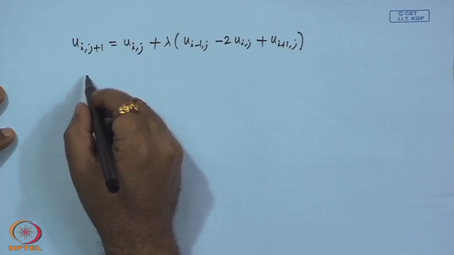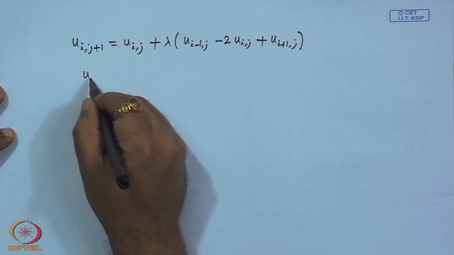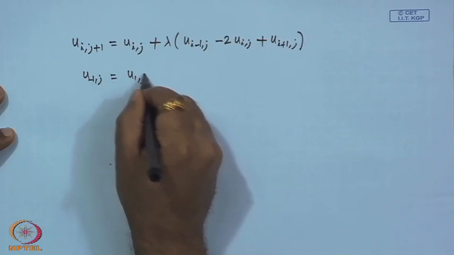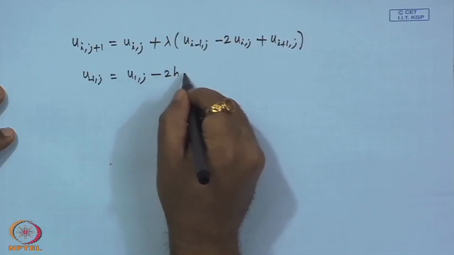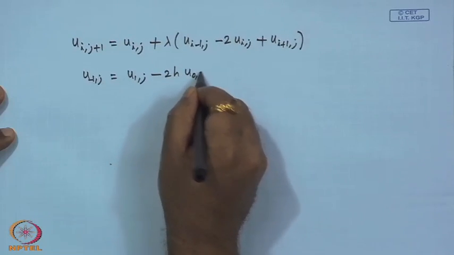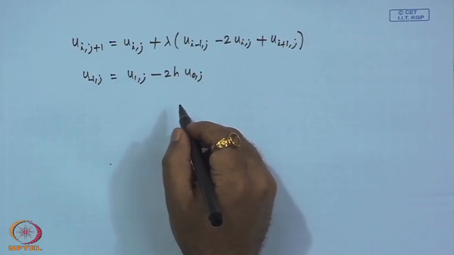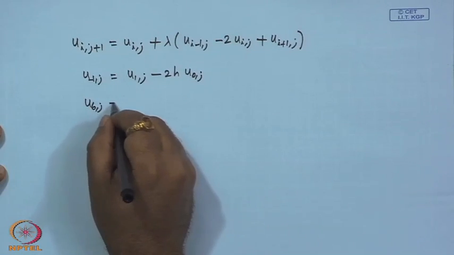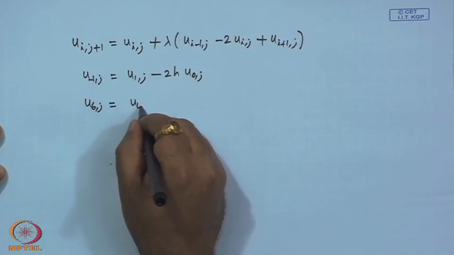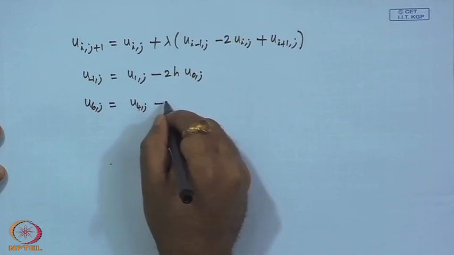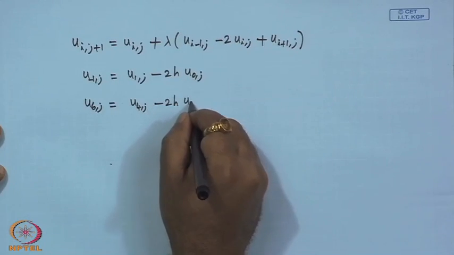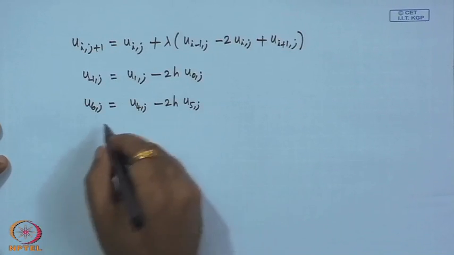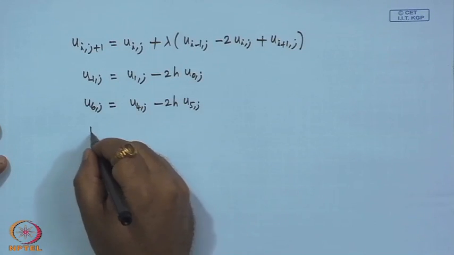Then we have u minus 1 j, then we have u 6 j. Of course, we have the initial condition.